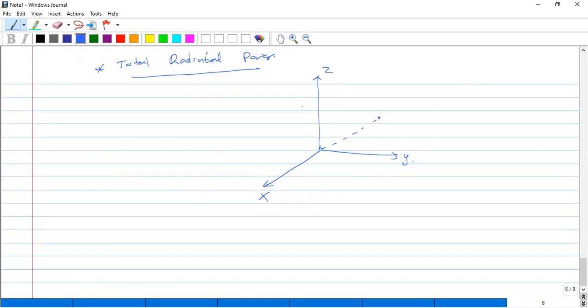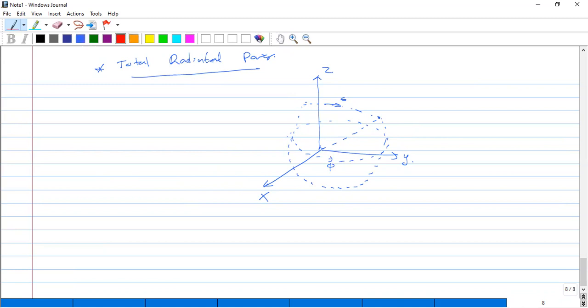The antenna is radiating through the whole dimension. It can radiate in this direction and also like this, so it is a sphere. This will be theta and this will be the phi direction, and this is the R.